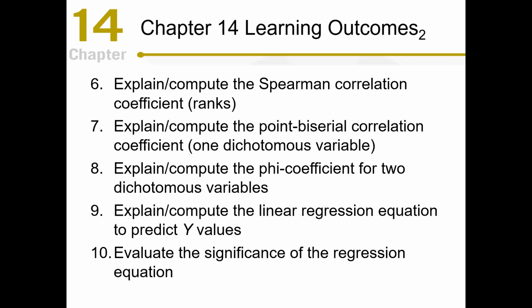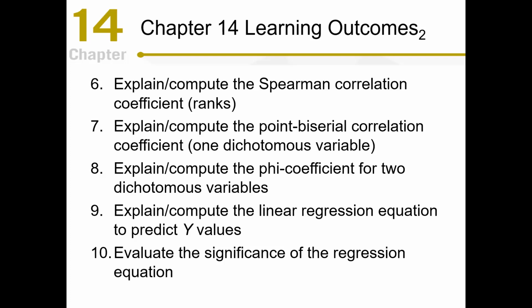All right. Then we'll talk about different alternative ways. Talk about the Spearman correlation. We'll talk about the point-biserial correlation, and then we'll also talk about the phi coefficient. I'm not going to really talk about how we compute them. Just for the purposes of this class, we're just going to talk about what they are and then what they're used for.